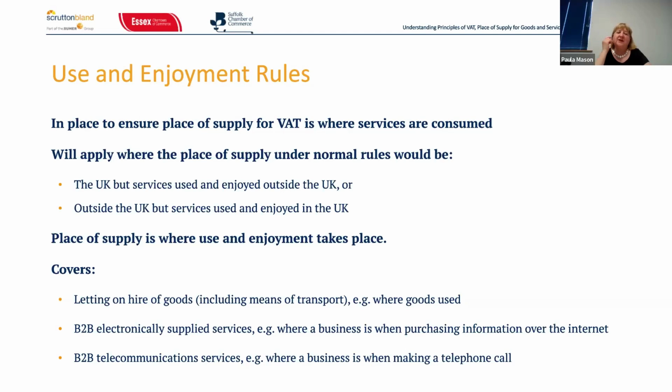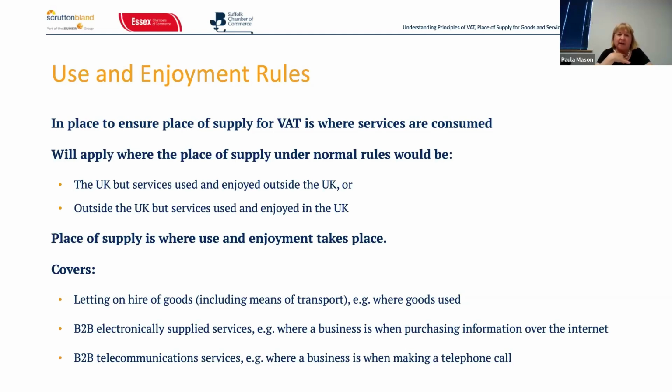We also have use and enjoyment rules, which are in place to ensure that the place of supply for VAT is where the services are consumed. These rules will apply where the place of supply under normal rules would be the UK, but services are used and enjoyed outside the UK, or the place of supply would be outside the UK, but the services are used and enjoyed in the UK.